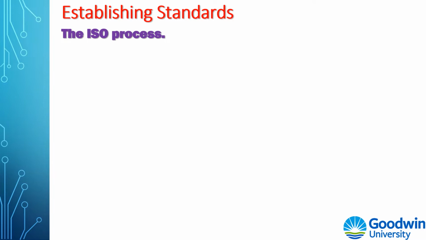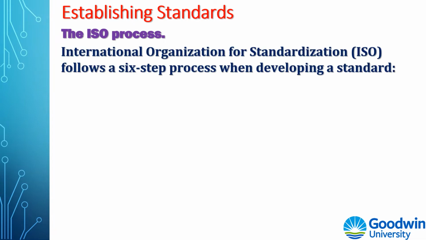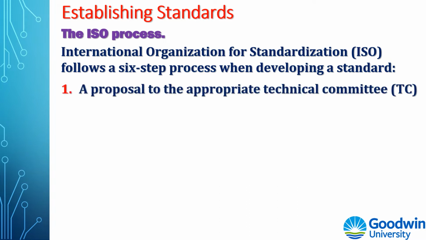So the ISO process, this is worth discussing. So how does something become a process, right? So the International Organization for Standards, they follow a 6-step process on how to develop a standard. So the first one is they propose to the appropriate technical committee. There's a number of technical committees depending on what you're trying to propose a standard for.